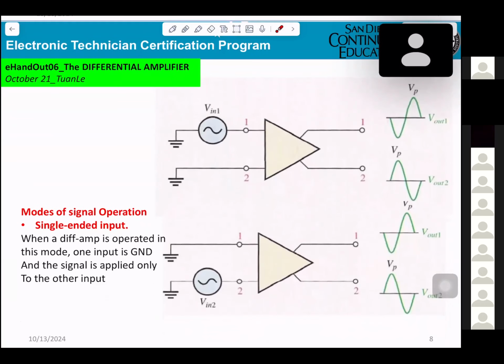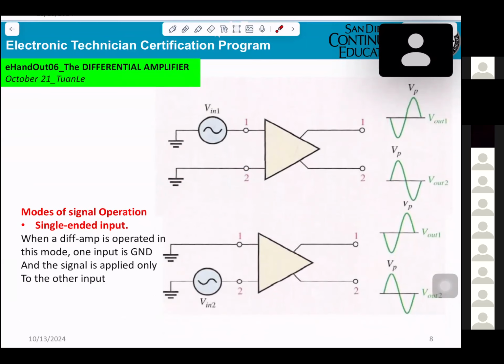And now they're using only one input. They apply input to input 1 of the amplifier and input 2 grounded. That's what they call a single mode.